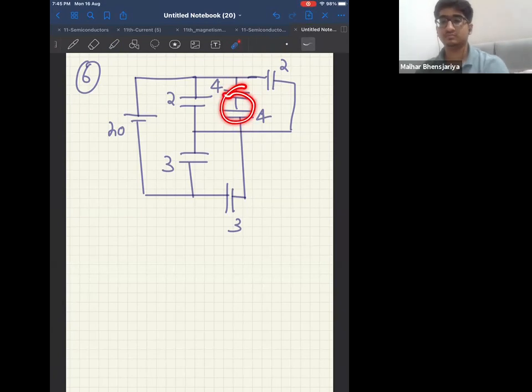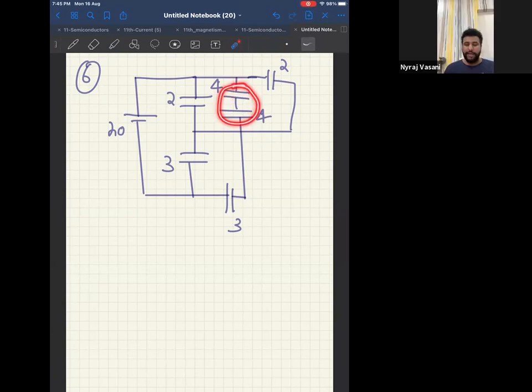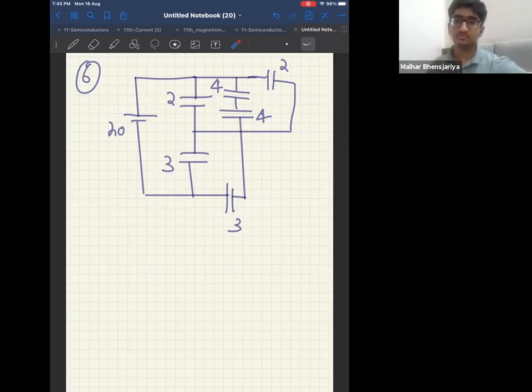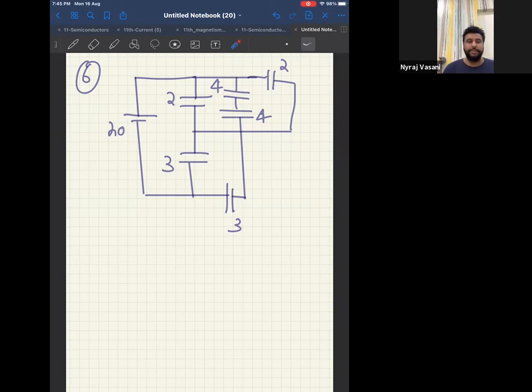When two capacitors 4 and 4 are in series, the equivalent capacitance is: 1 by 4 plus 1 by 4 is 2 by 4, which is 1 by 2. The reciprocal of 1 by 2 is 2. Therefore, the answer that I will get is 2.